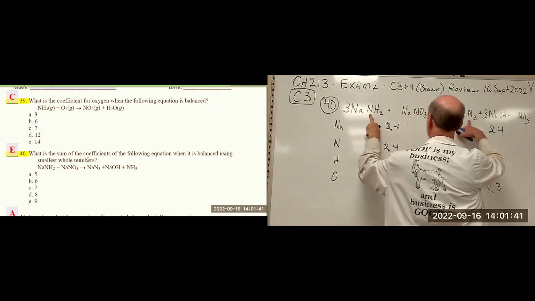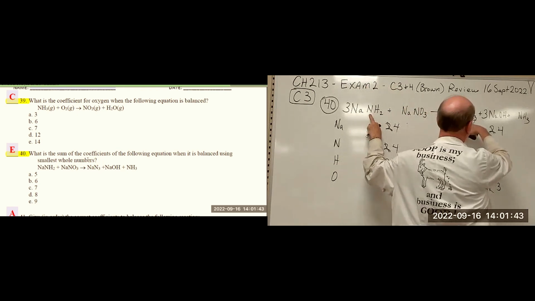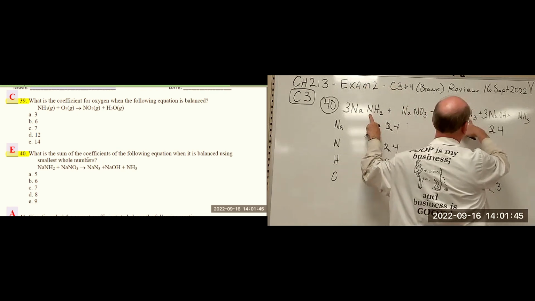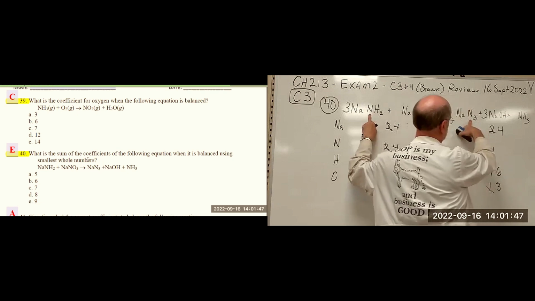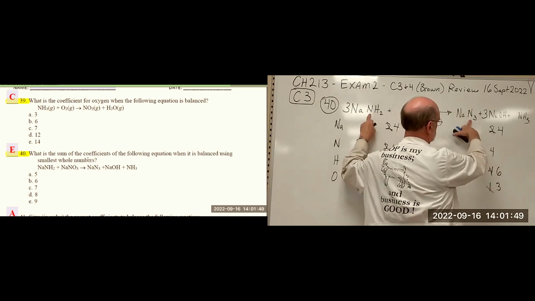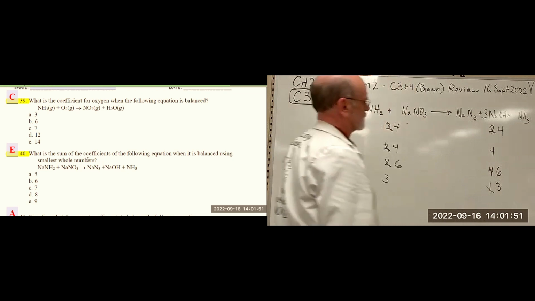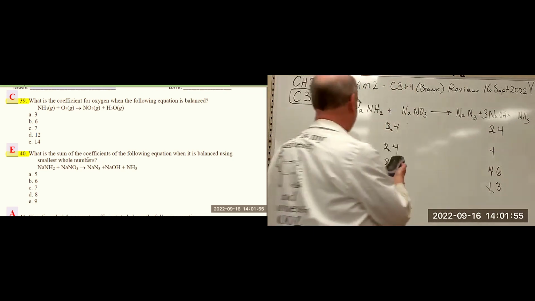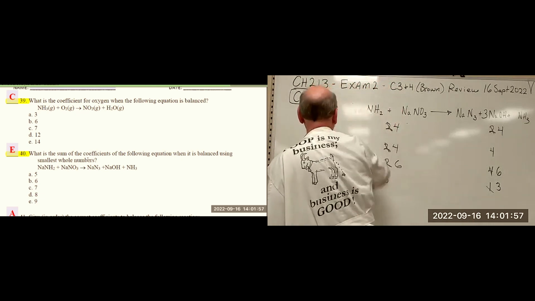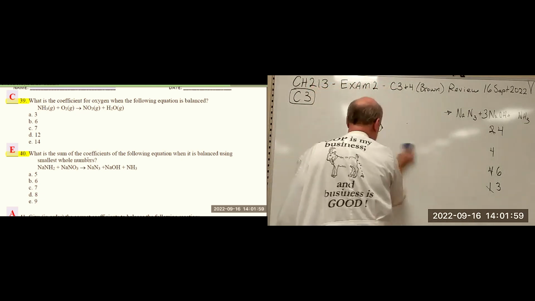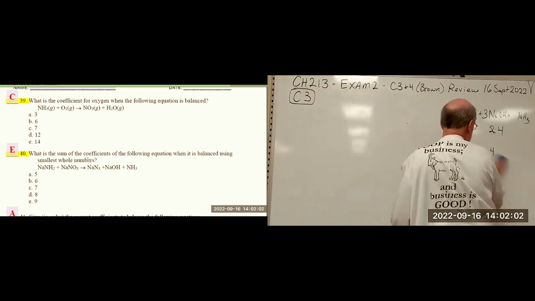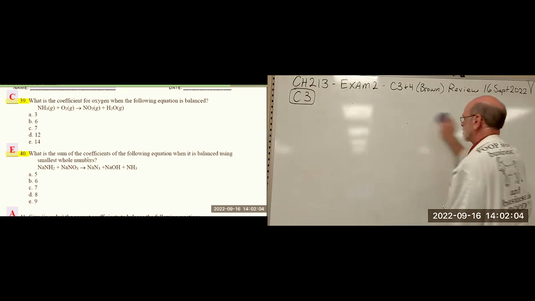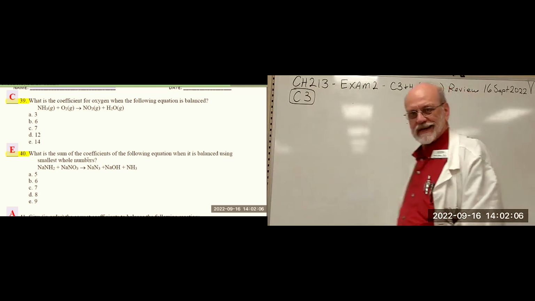This would be minus 3. No, that'd be a fractional. Okay. I don't think it would help us. Okay, that was 40. I think there is one in here where you use the redox method. I believe it's toward the end.